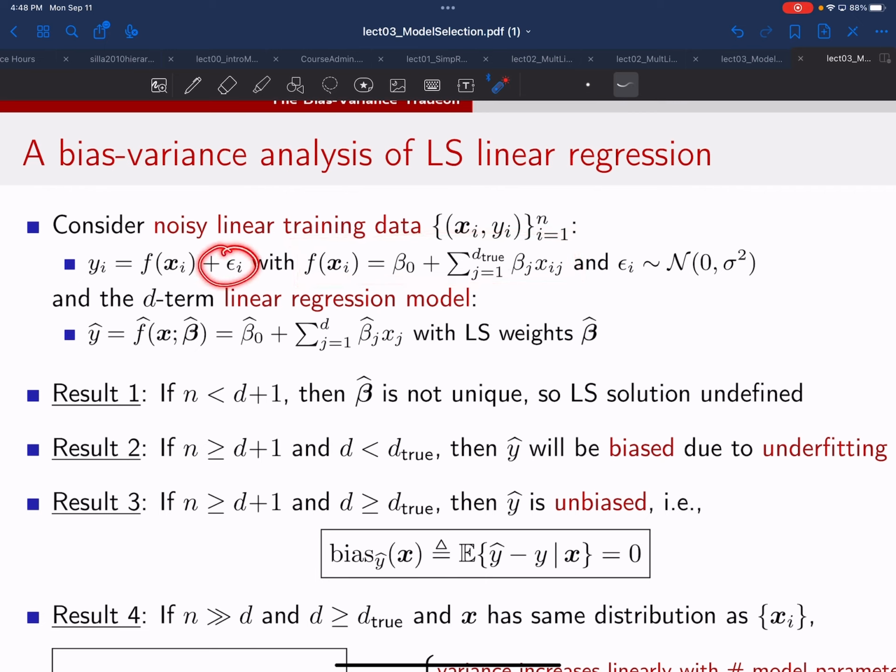And for the noise, we're going to assume that it's Gaussian to make the analysis a little bit easier, zero mean, variance sigma squared. We're also going to assume that our model has this same linear form, except that maybe we have a different model order D than the truth. Maybe we underestimate it or overestimate it, or maybe we get it perfectly. But the forms of the models are the same.